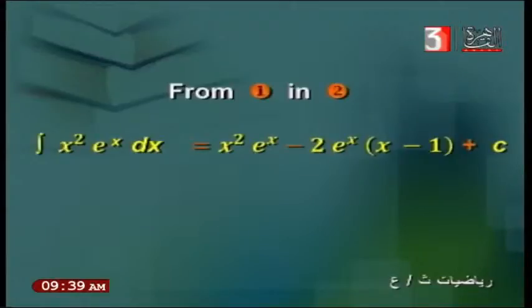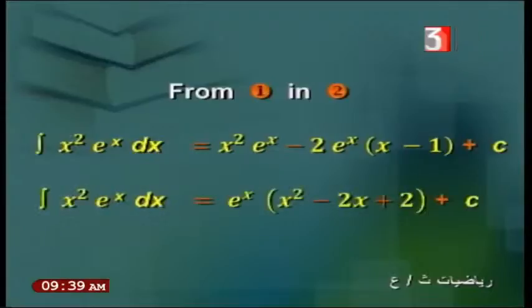We can write this relation as e^x between two brackets, (x^2 minus 2x plus 2), plus the constant c. Another example: find integration of x^3 ln x dx.